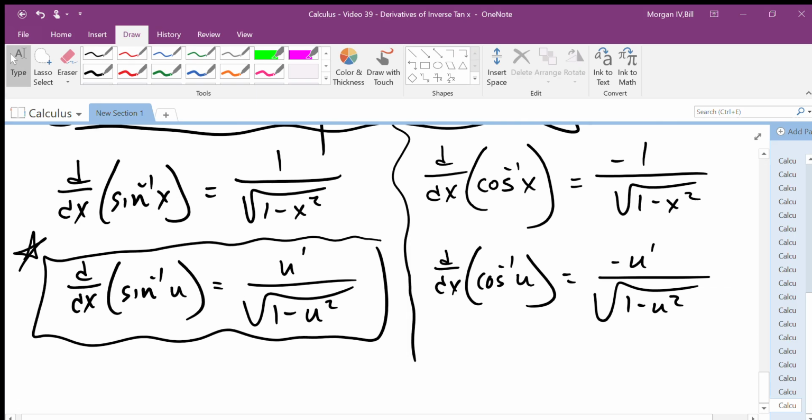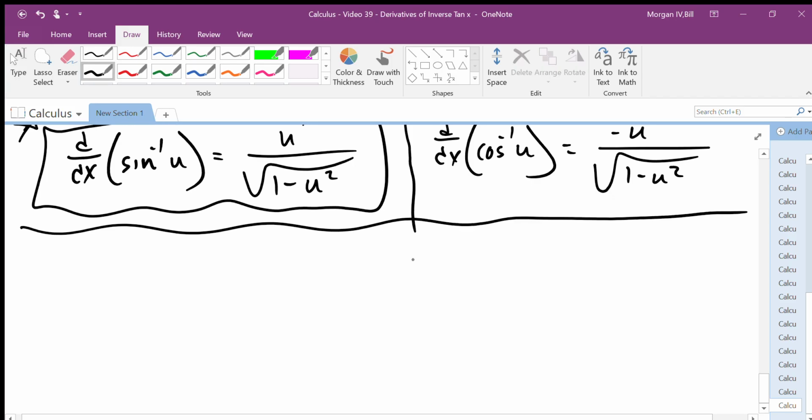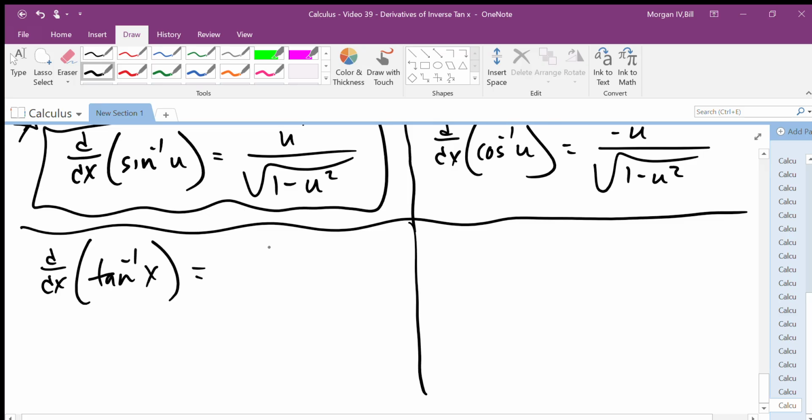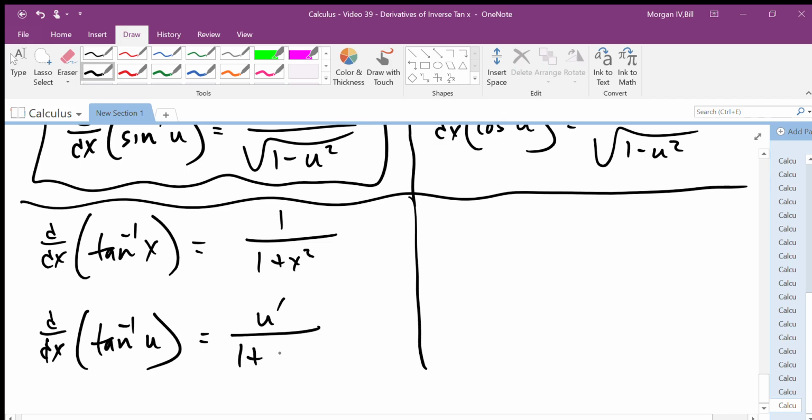Okay? Let's go on to the derivative of inverse tangent. The derivative of inverse tangent of x, we'll use x's first, is 1 over 1 plus x squared. But the one I want you to know is this one. The derivative of inverse tangent of some function u is u prime over 1 plus u squared. That's the one I want you to know.